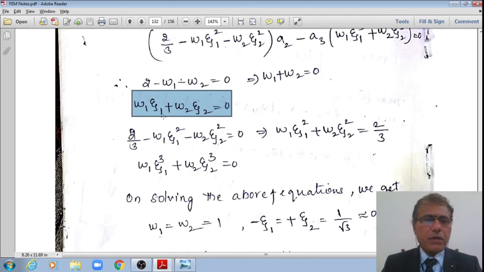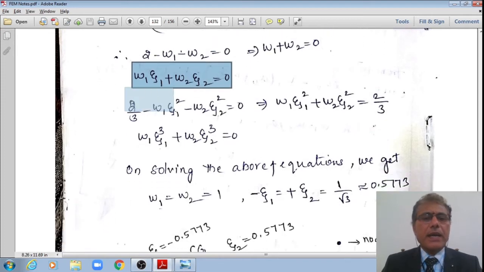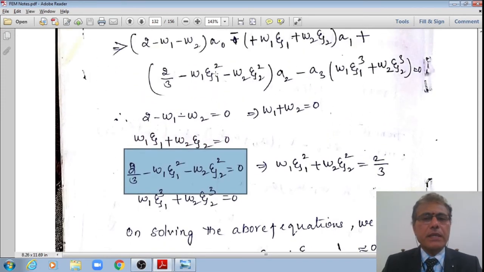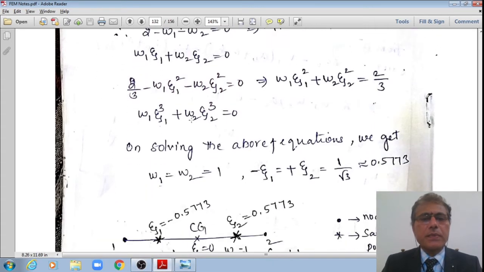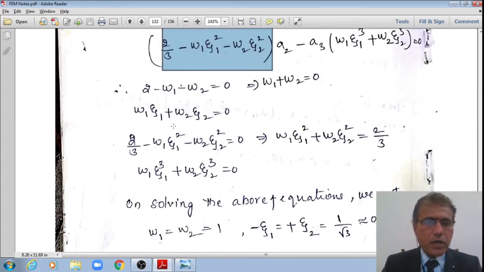Then the quadratic polynomial, right, the coefficient of a2, I'm just recalling that as 2 by 3 minus w1 xi1 square minus w2 xi2 square, that must be equal to 0, because a2 cannot be 0.